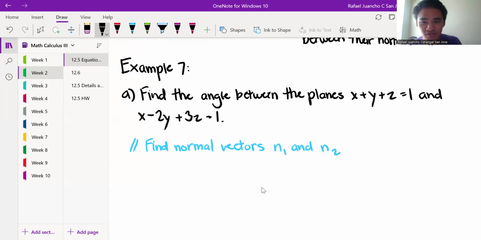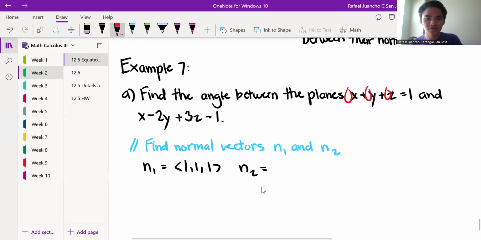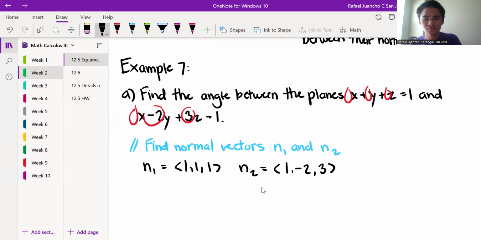Easy, we just look at their numerical coefficients. So this is 1, 1, 1. Done, that's n1. What's n2? Again, look at the numerical coefficients: 1, -2, 3. Done.